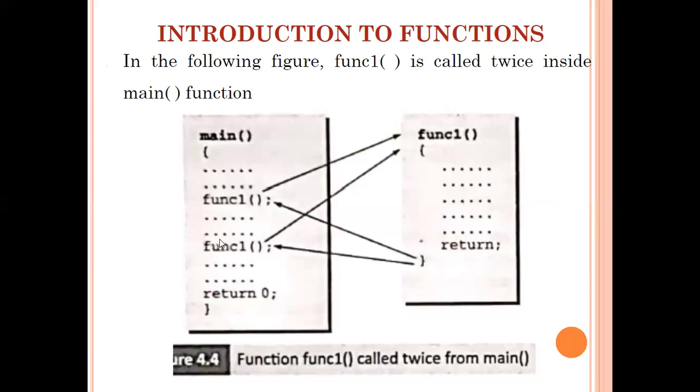And again here the same function is called one more time. In this case also, the program control is transferred to execute the definition part of function 1, and only after executing this part, the program control returns to the execution of the main function. Okay, so this is the concept of functions in C programming.